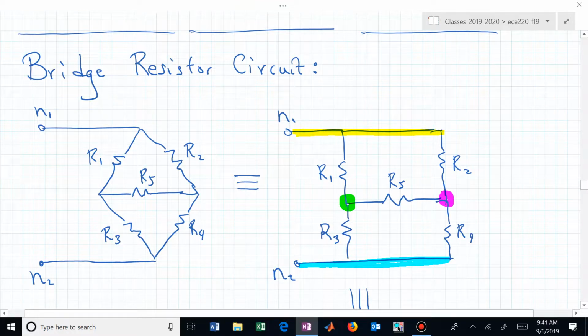What I want you to be able to see is how you can actually stretch to get from left to right. Do you see all I'm doing is simply expanding the top pointed node into a line and the bottom pointed node, or dot, single location, into a line to separate the bottoms of R3 and R4 and to separate the tops of R1 and R2.